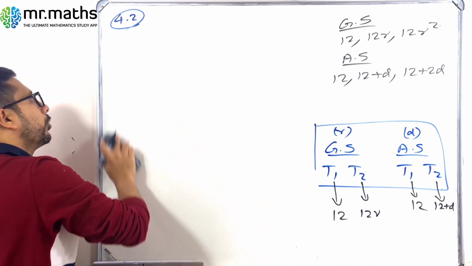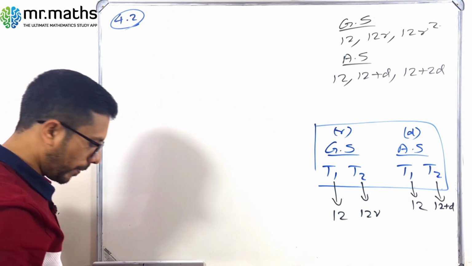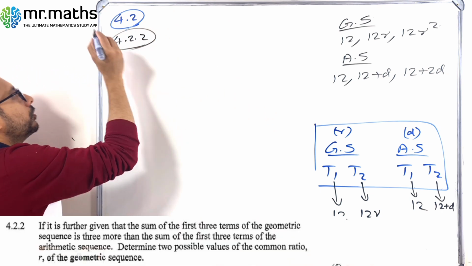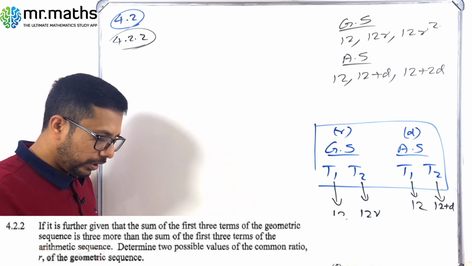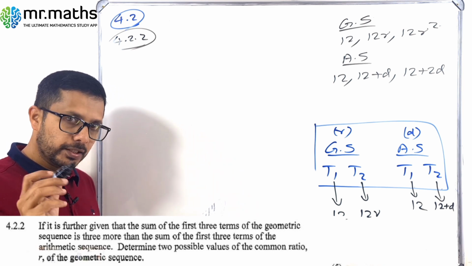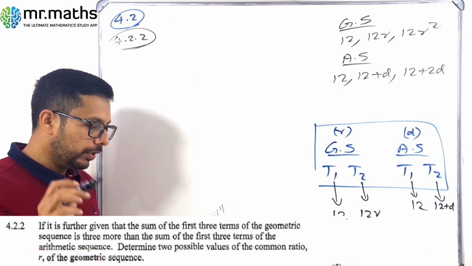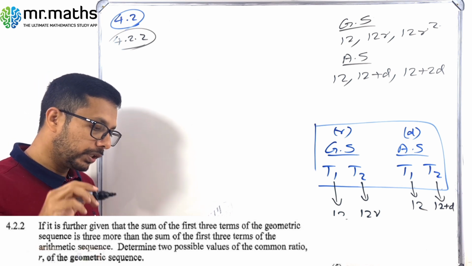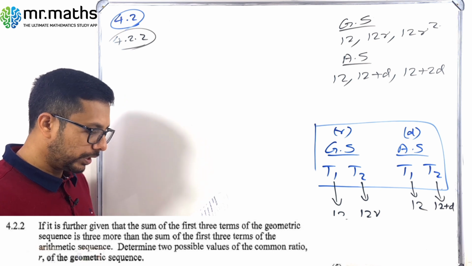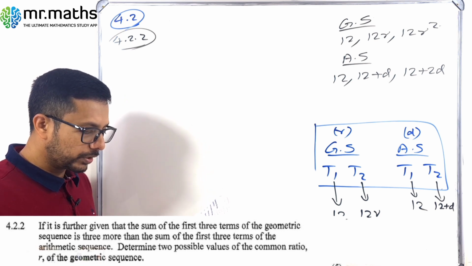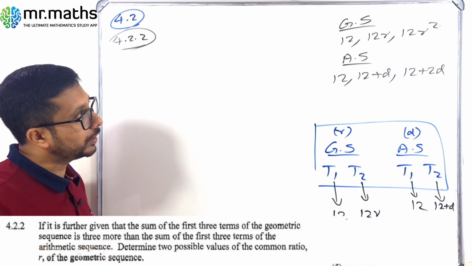Now 4.2.2. What is that question? If it is further given that, read that question very carefully, the sum of the first three terms of the geometric sequence is 3 more than the sum of the first three terms of the arithmetic sequence.